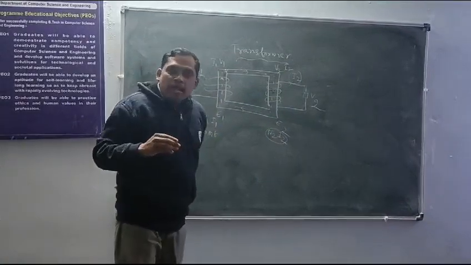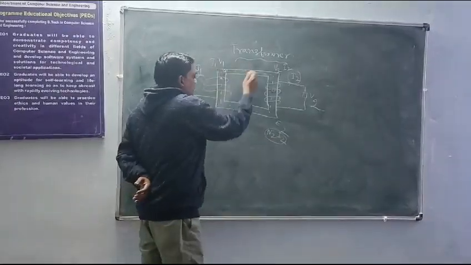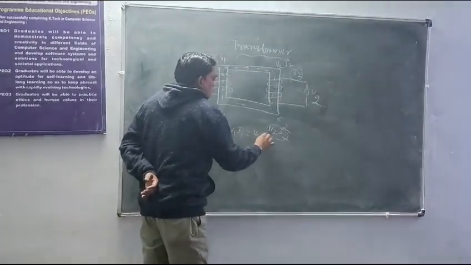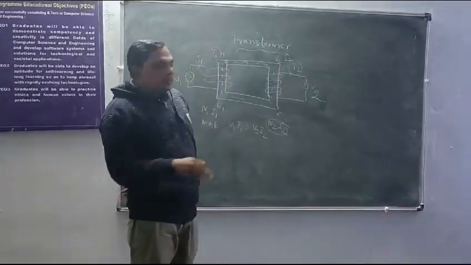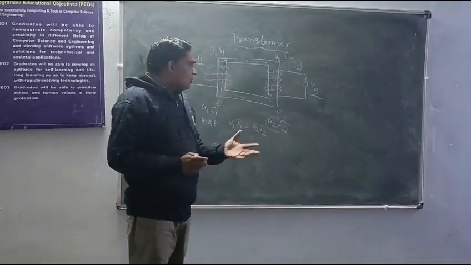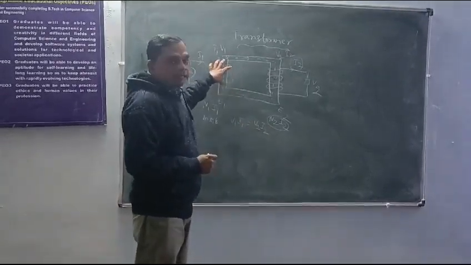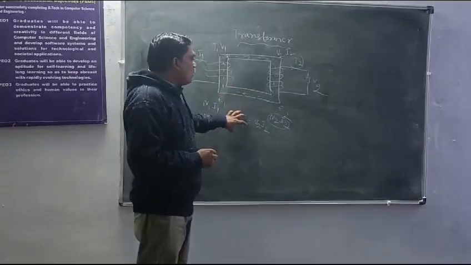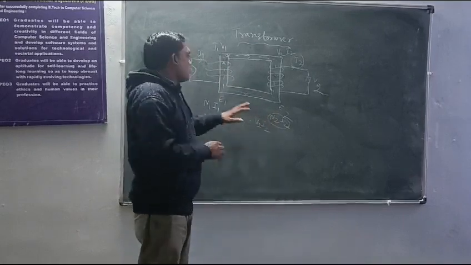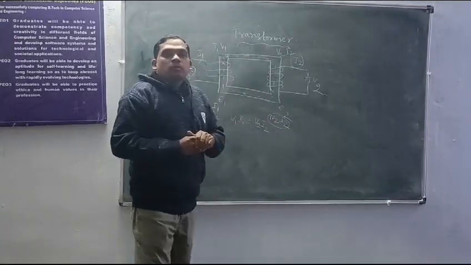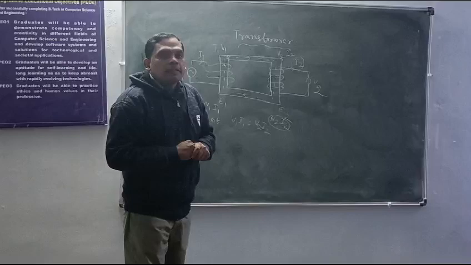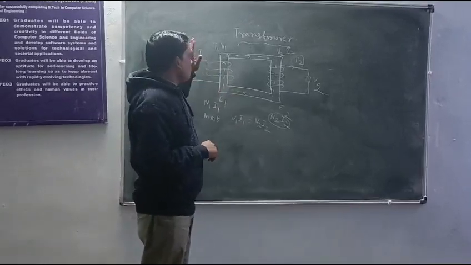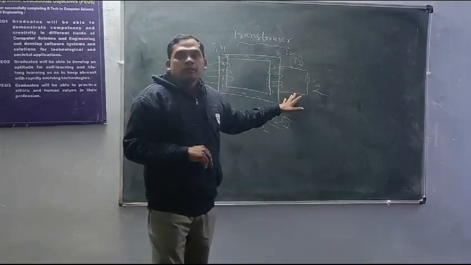For the ideal transformer, the input power is equal to the output power, that is V1 I1 is equal to V2 I2. This happens in the ideal case, but practically, due to the winding, there may be some losses. But for an ideal transformer, input power is equal to output power. So the transformer action is based on the mutual induction principle. In this way, the power is transferred from one side to another side. Thank you.